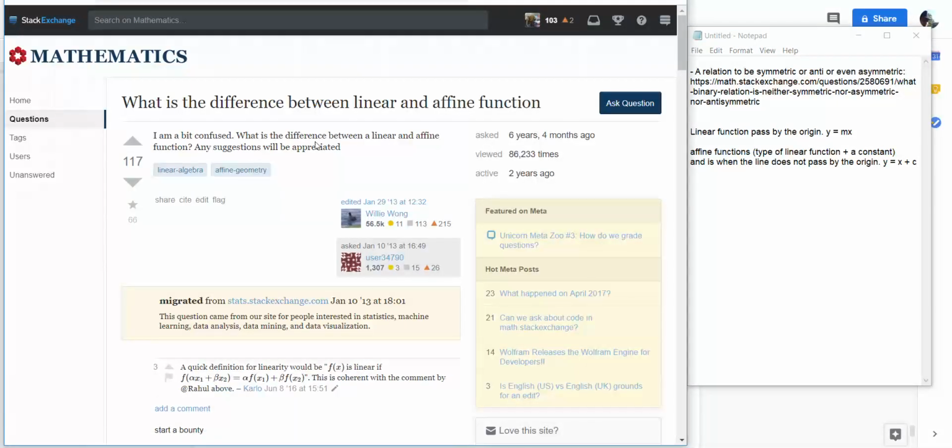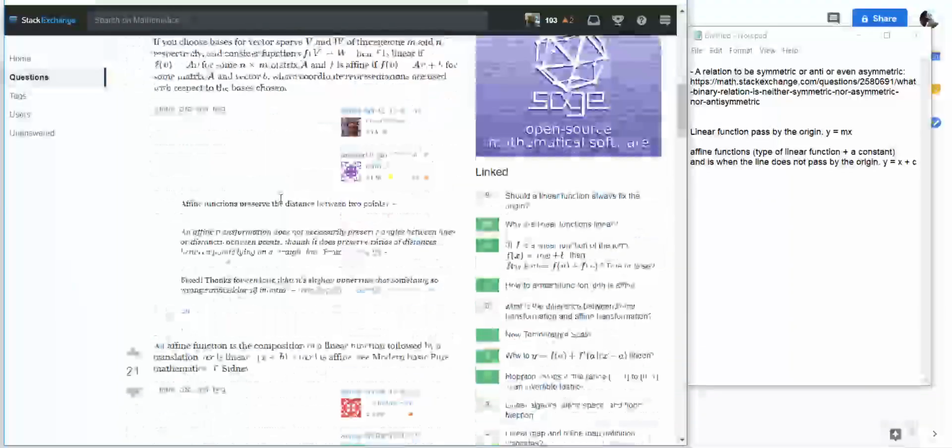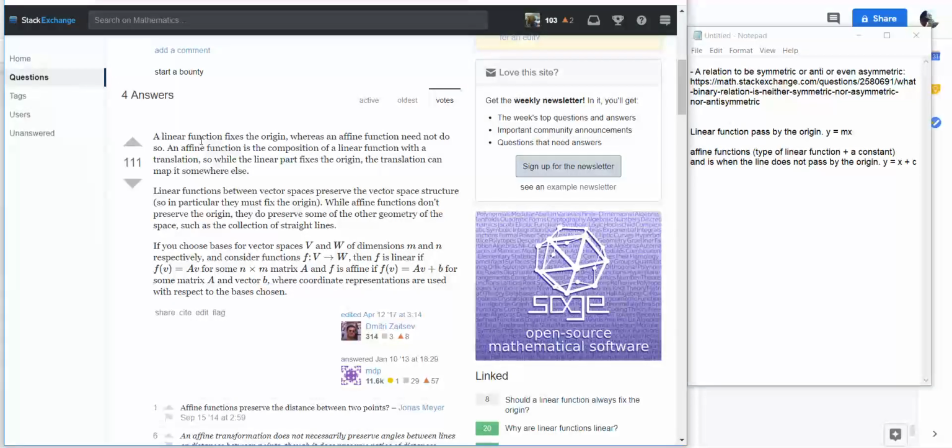Yeah, so then we could see this question here real quick. I'm a bit confused. What's the difference between a linear and an affine function? Those notations are really weird. This is 110 replies. Damn, that's good. A linear function fixes the origin, whereas an affine function need not do so. An affine function is the composition of a linear function with a translation. So while a linear part fixes the origin, translation can map it somewhere else.